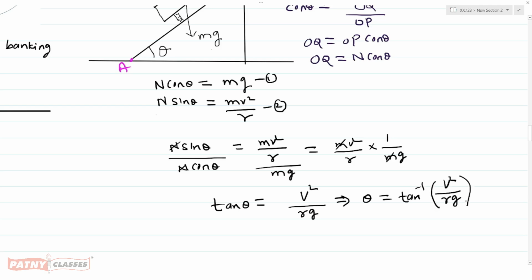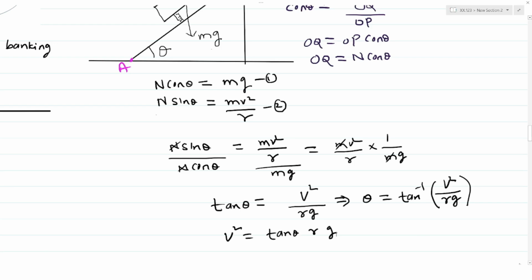This expression was developed without considering static friction. We had assumed the presence of static friction is almost negligible. So after considering no static friction, we got the expression for the angle of banking equals tan inverse of V square upon RG. One more thing, from this expression we can find the most safe speed of the vehicle, that is V square equals tan theta multiplied by RG.